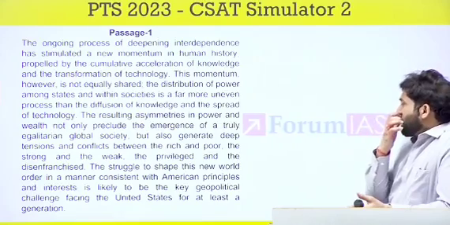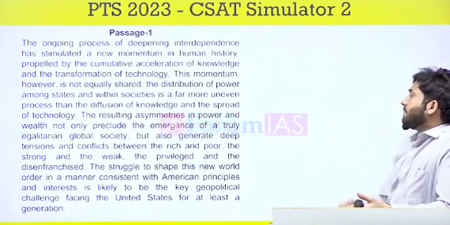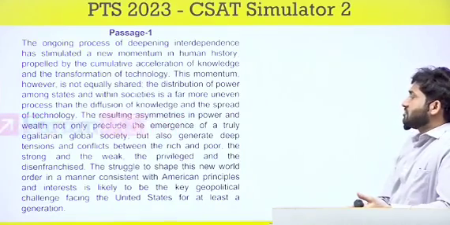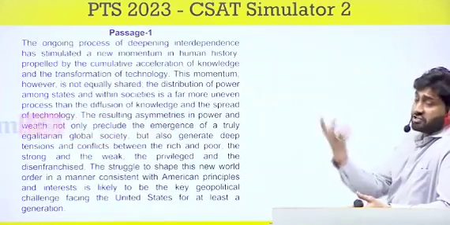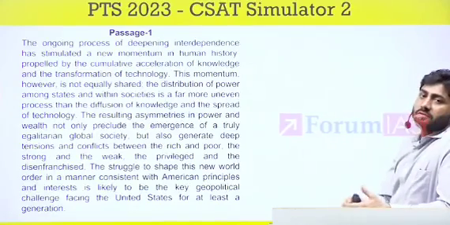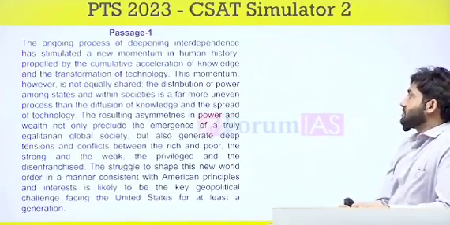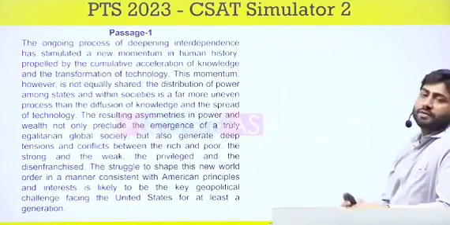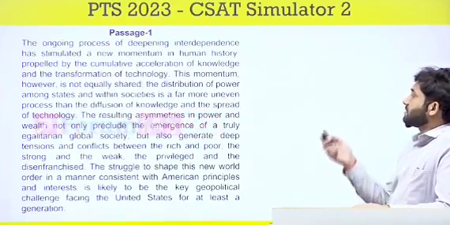The struggle to shape this new world order in a manner consistent with American principles and interests is likely to be the key geopolitical challenge facing the United States for at least a generation to come. It will be a bigger challenge in this context of interdependence. So this is where it has been discussed.